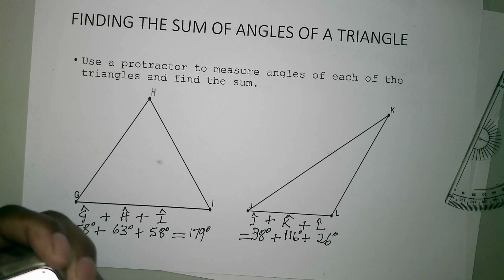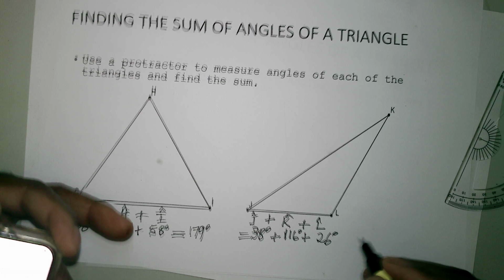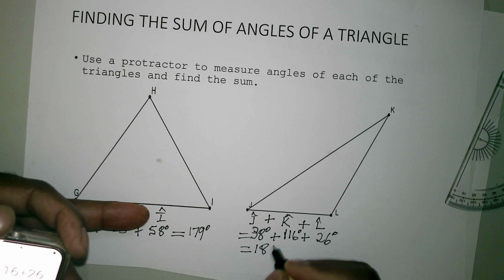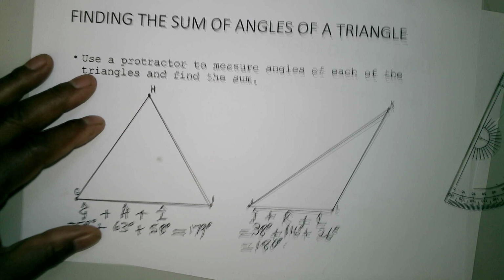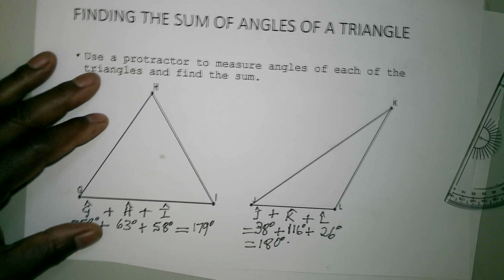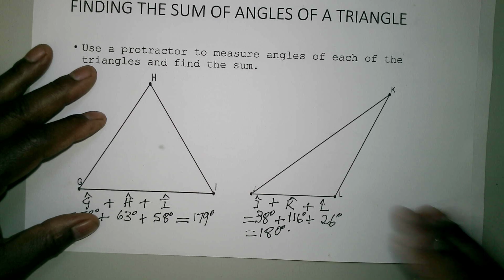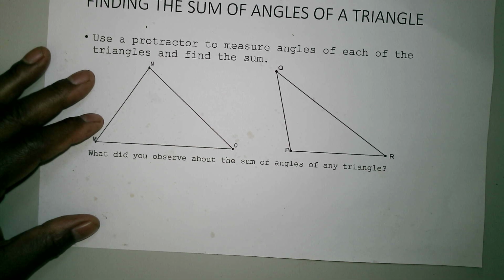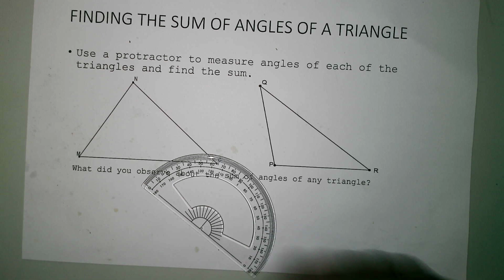It's the same exercise, but the triangles might be different. Let's start with M. Angle M plus angle N plus angle O. We want to see what we are going to get.